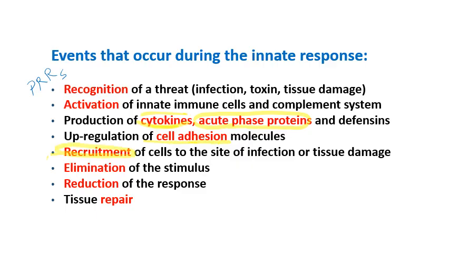After everybody's over there joining the party, they are going to kill the bad guy, okay? After the bad guy is gone, these cells really have nothing else to do, so they are going to slow down and they're going to start dying, okay? Without the stimulus, they start dying. So that's your reduction. While they are dying, you also have tissue repair that is happening.